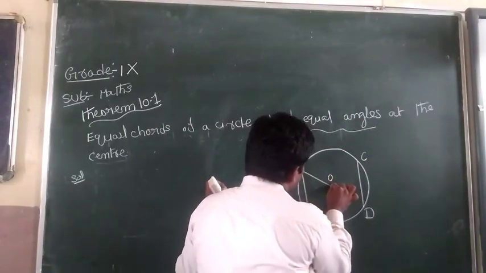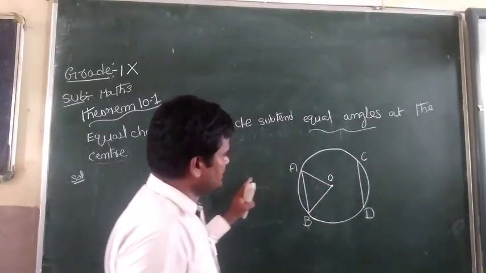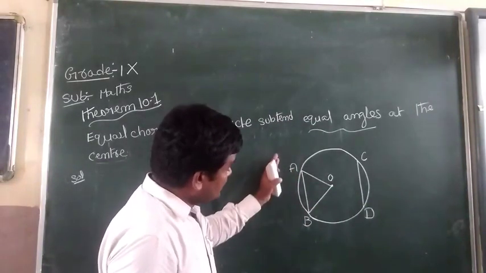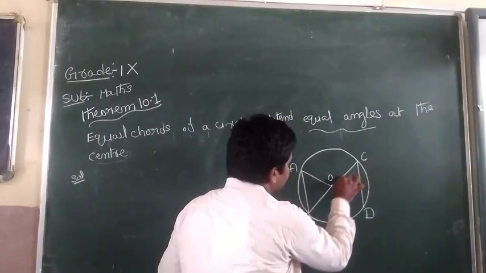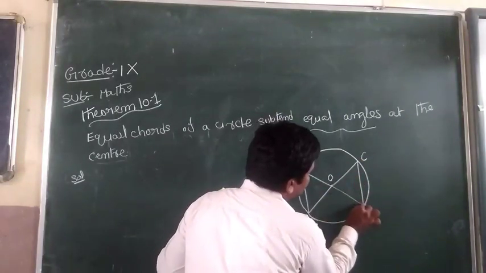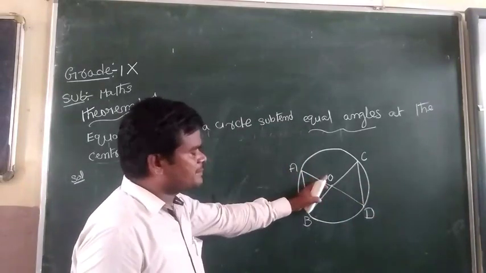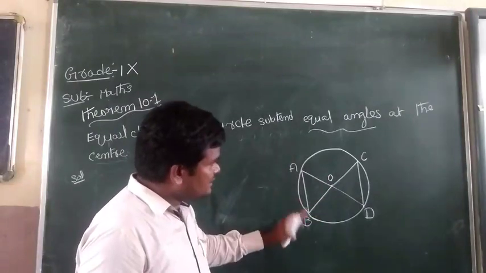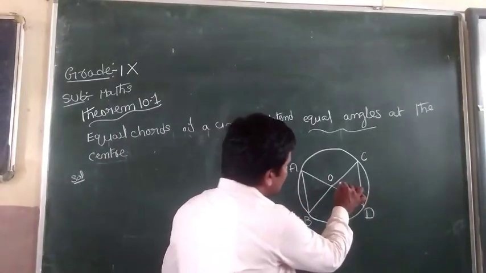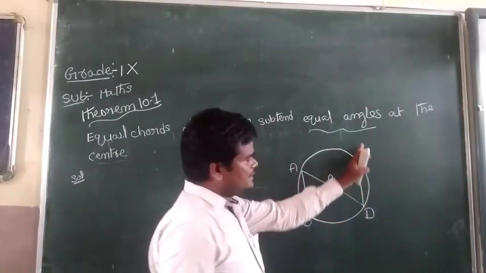This is the subtended angle of chord AB, and here CD. So angle AOB is the subtended angle of chord AB, and angle COD is the subtended angle of chord CD.